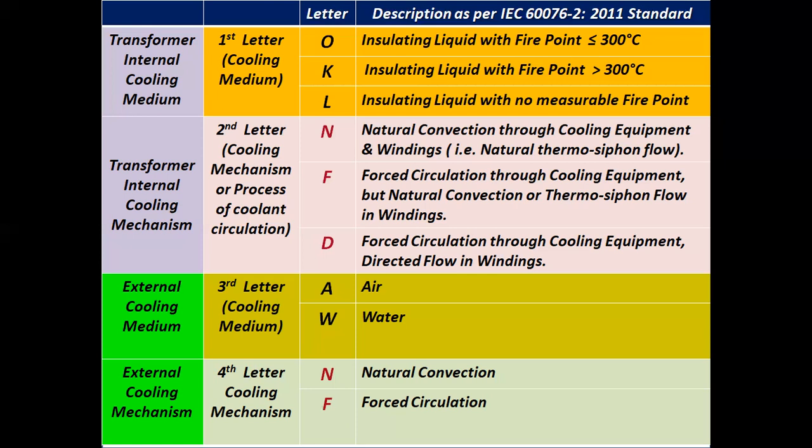D, forced circulation through cooling equipment, directed flow in windings. External cooling medium, that will be the third letter, which is cooling medium. A is air and W is water. External cooling mechanism, that will be the fourth letter, which indicates the cooling mechanism. N, that is natural convection system, or F, forced circulation system.